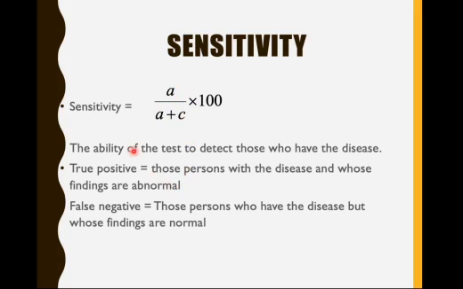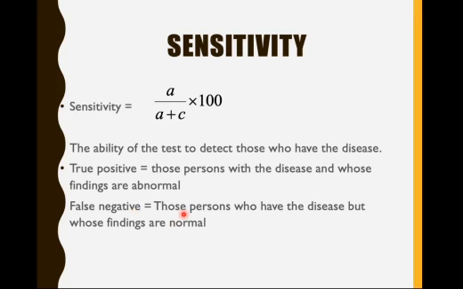And so we have the true positive. We discussed this a while ago. These are the people with the disease and whose tests are abnormal. They test positive. And the false negative are people who have the disease but they test normal or they test negative. So we call them false negative.